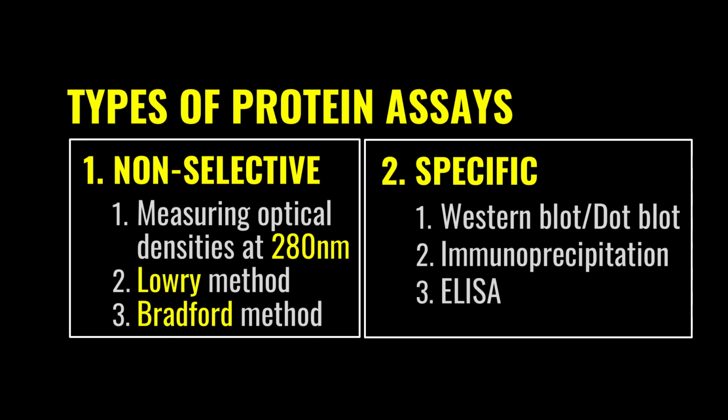They have their own limitations and merits and demerits, but these are all based on immunological assays and utilize specific antibodies. So both methods basically are complementary to each other. A specific technique can only be used if you know the general or total protein concentration in a biological sample.